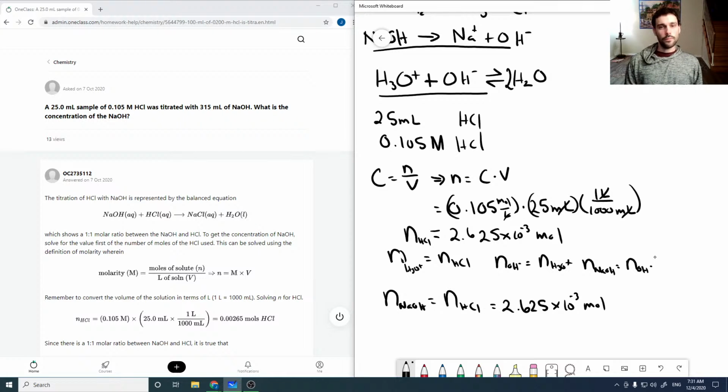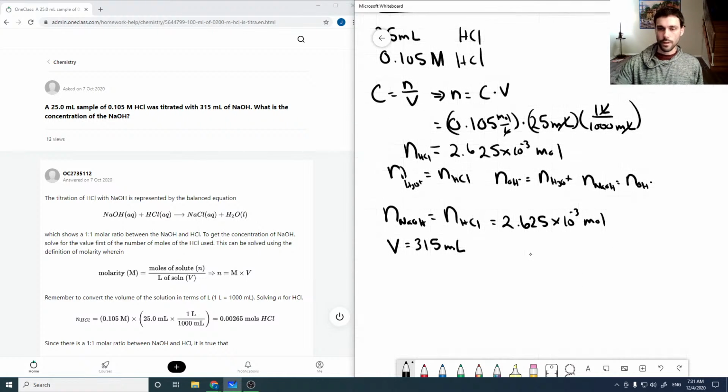Okay, so then what's the volume? The volume is 315 mL. And it's looking for a concentration. So our concentration of NaOH is then our moles over our volume, which is 2.625 times 10 to the minus 3 moles over 315 mL.